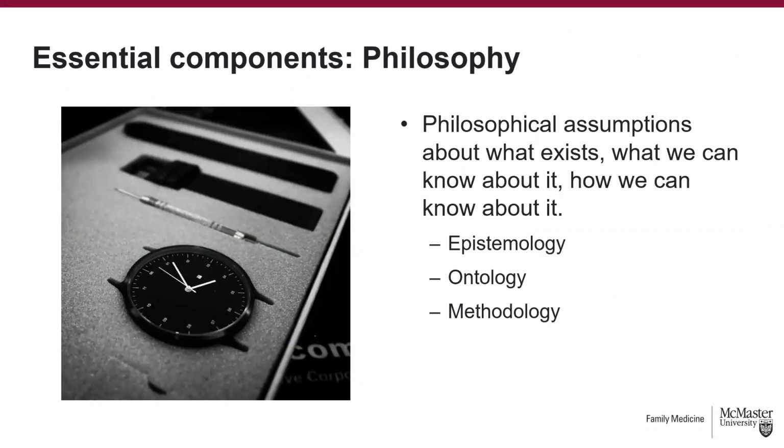So I think the very first thing is to think about the philosophical assumptions. Every single project, no matter what the research approach, has assumptions about what exists, what we can know about what exists, and how we can go about gathering that information. But in more quantitative or experimental forms of research, everybody's working within the same philosophical assumptions, a more positivist, post-positivist way of thinking that there's one reality and we can know it through precise and refined measurement.